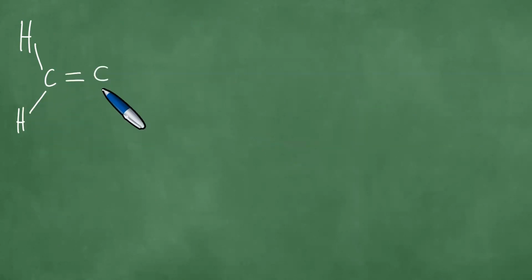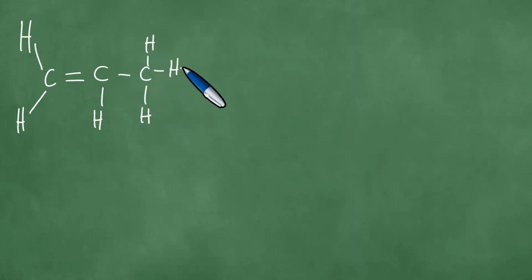Right, so we start with hydrogen, another hydrogen, the double bond. Then you have hydrogen. Then you have hydrogen, hydrogen, hydrogen. Okay, it reacts with hydrogen bromide.